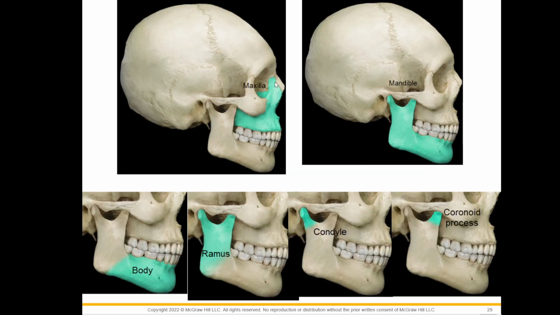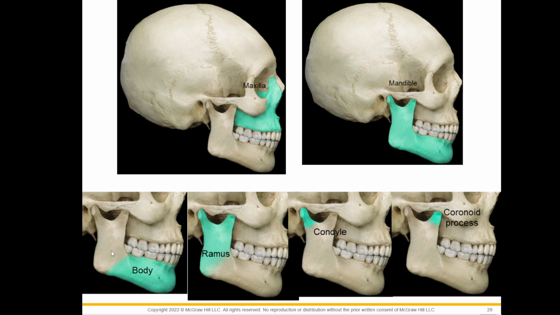Other images, this is your maxilla, your mandible. So if you will be asked what are the two bones that form the jaw, you should say the maxilla, upper jaw, and the lower jaw is the mandible. And then the mandible has several parts. So this part is the body of the mandible.